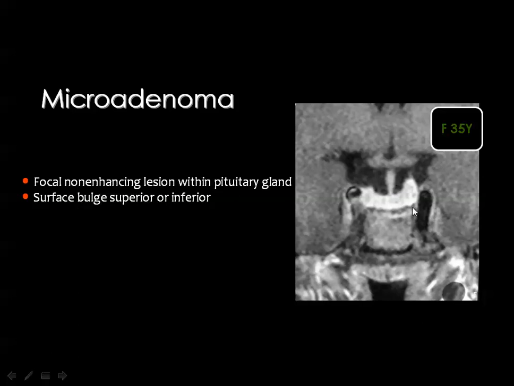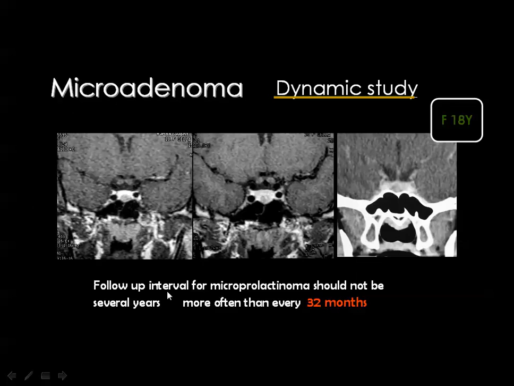And if you look carefully here, this is the pituitary gland, but on the left side you can see this deformity which affects the superior surface of the pituitary gland adjacent to the cavernous sinus, representing a microadenoma.